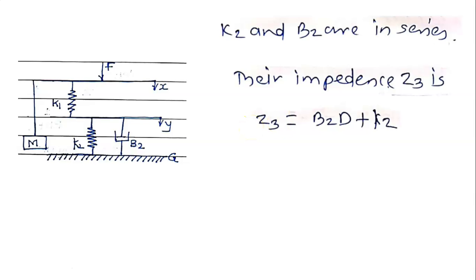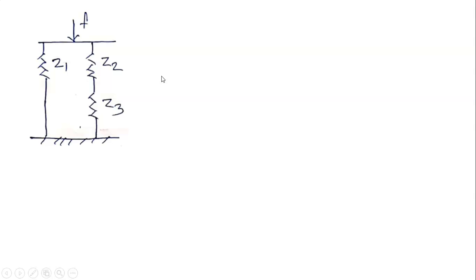Therefore, we will replace this diagram by three impedances, that is Z1, Z2 and Z3. This is the diagram: Z1, Z2, Z3, F. Now Z2 and Z3 are in parallel.